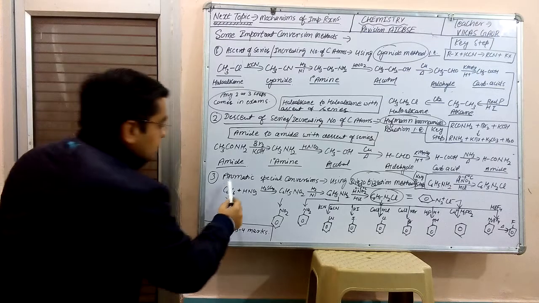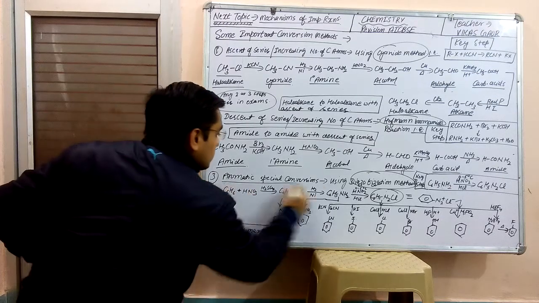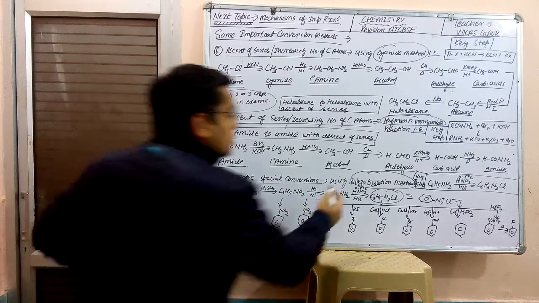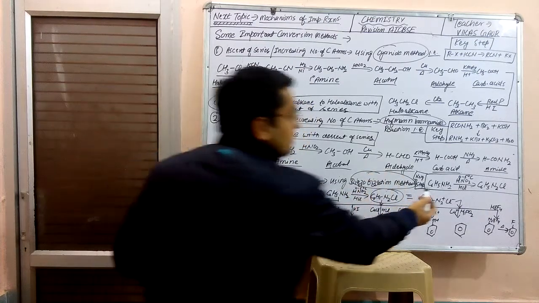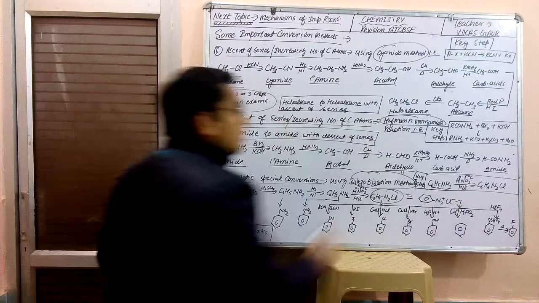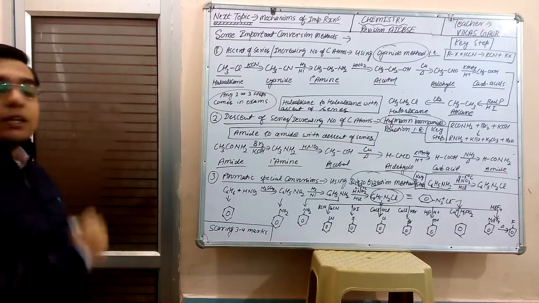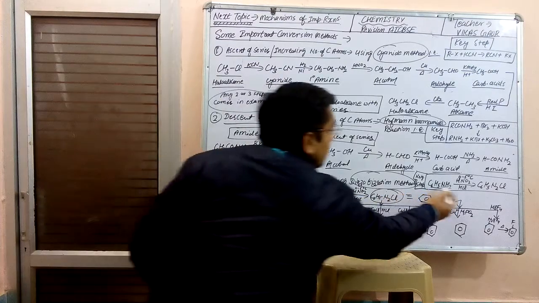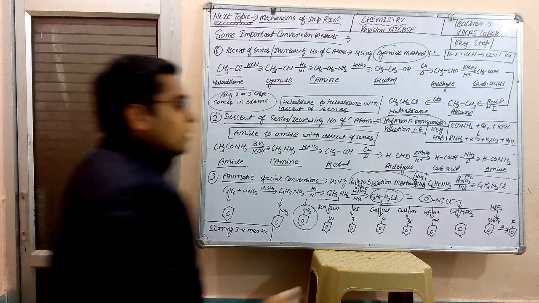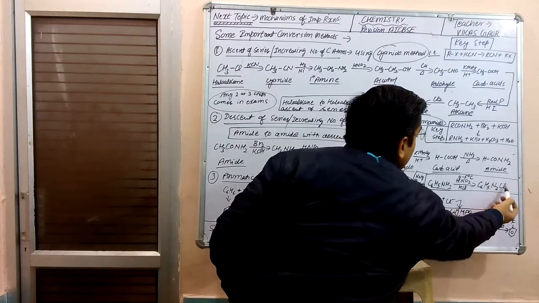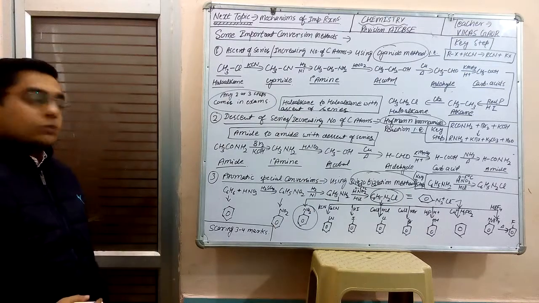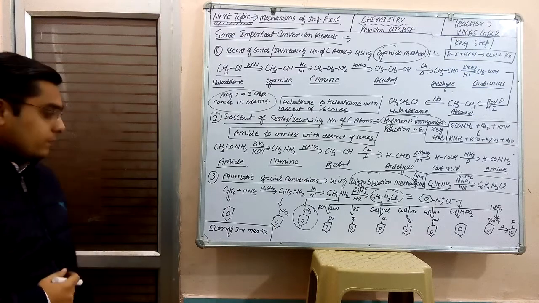And sometimes some special aromatic conversions also come in exams, and most of them are solved by using the diazotization method, which is the key step, where an aromatic amine, aniline C6H5NH2, reacts with HNO2 and HCl at 0 to 5 degrees Celsius and forms a diazonium salt C6H5N2Cl, benzene diazonium chloride.